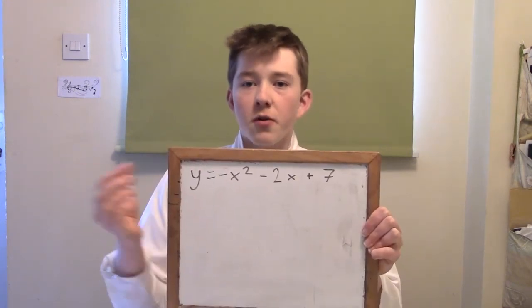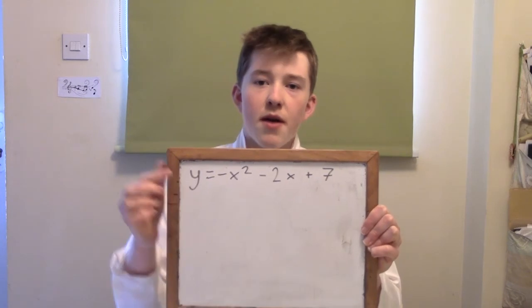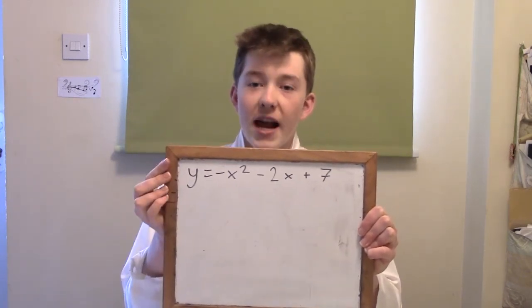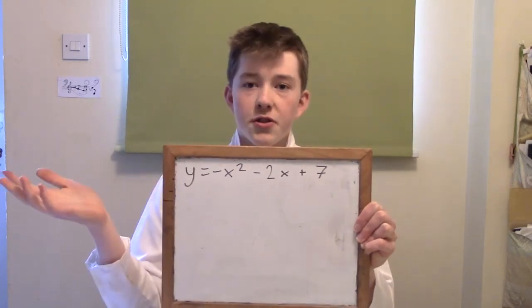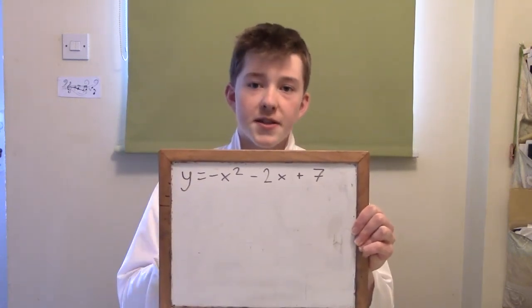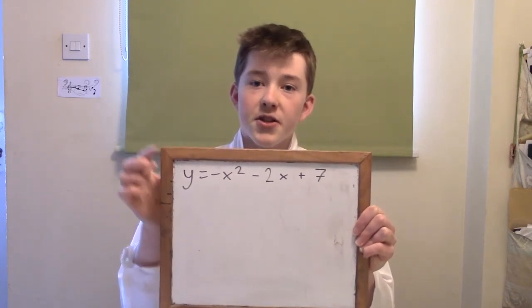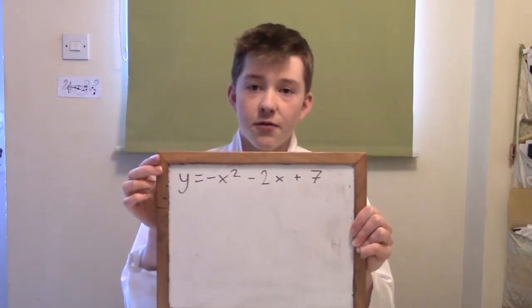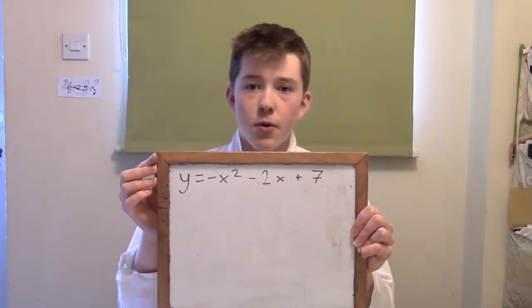There's one final aspect of this topic I need to discuss today, and that's when you have a negative coefficient of x squared, in this case minus 1. The solution to this is quite similar to the example before when we had a coefficient of plus 2. You simply take it out of the equation as a factor, and then use square brackets around the rest of the equation.